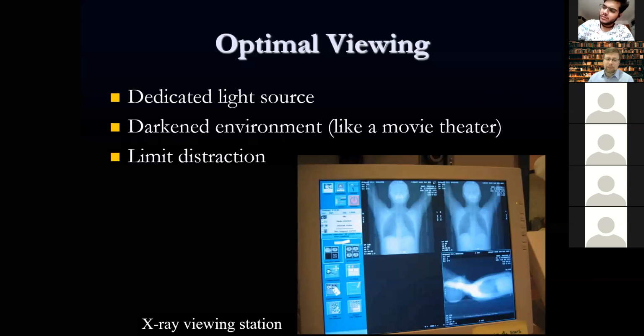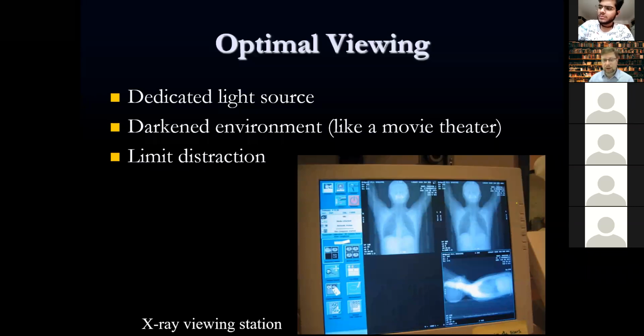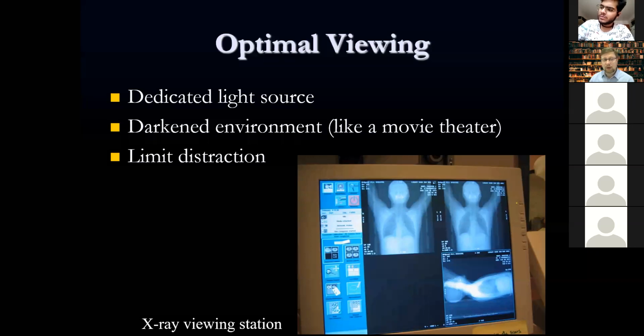The basic principles of image interpretation, the work with digital and analog X-ray images: a dedicated light source. We must have a darkened environment like a movie theater and limit distractions.